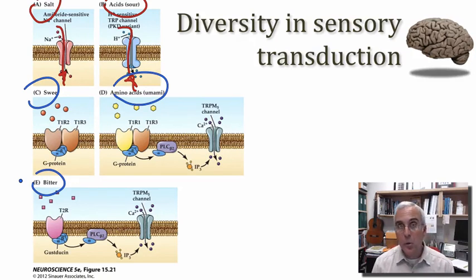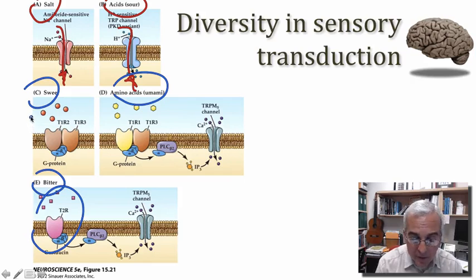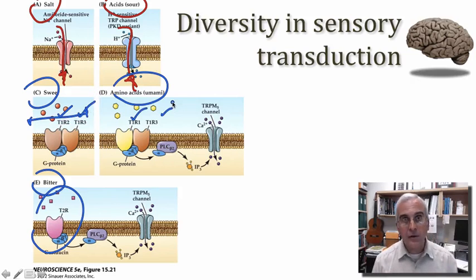And we know a little bit more about the detail of these G protein coupled receptors. Some of them are monomeric, that is, there's one receptor that interacts with G protein. Some are dimeric, and even heteromeric, meaning that there are different types of receptors. In this case, the T1R2, the T1R3, or the T1R1 and the T1R3 come together to form the functional receptor that interacts with the tastant.